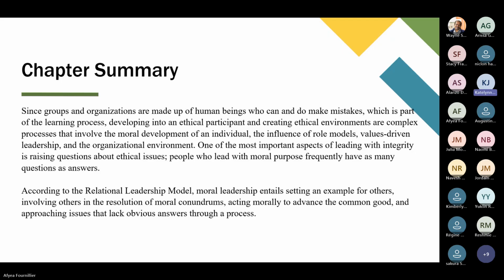One of the most important aspects of leading with integrity is raising questions about ethical issues. People who lead with moral purpose frequently have as many questions as answers.